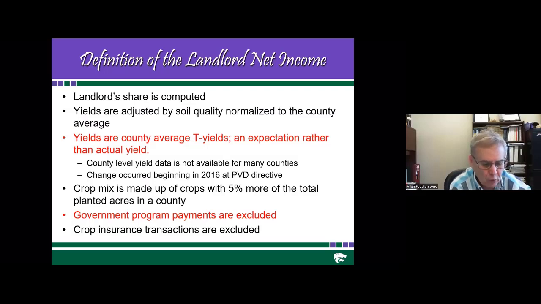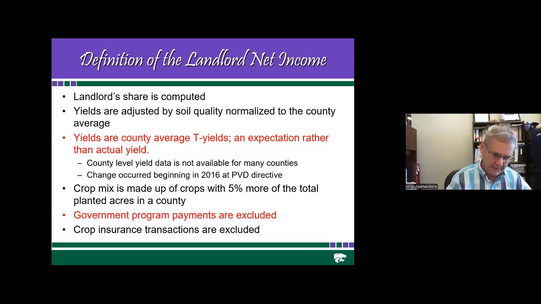And so higher quality soil will have a higher land net income, or landlord net income, than lower quality. And higher quality soil will have a higher LNI than the average. And so each of these is normalized on an annual basis such that the average LNI for the county is equal to the average LNI that's calculated.